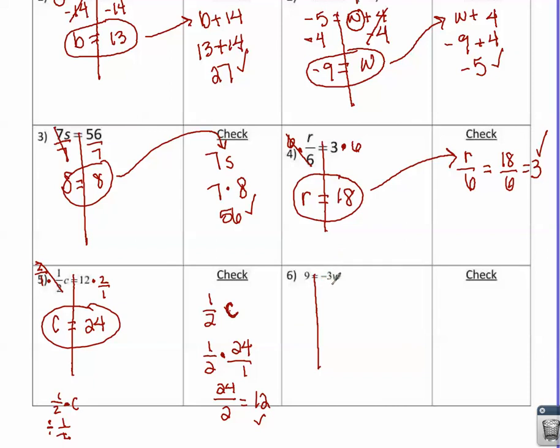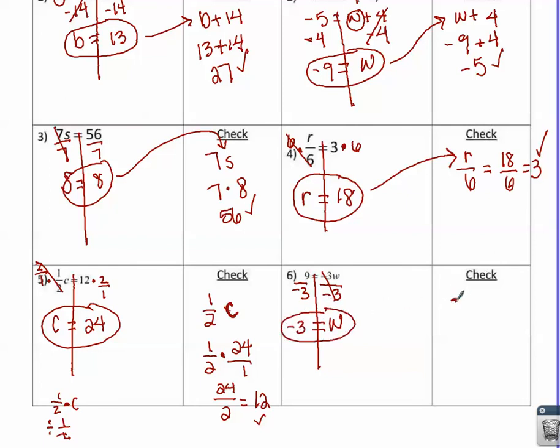-3 times w equals 9. The inverse operation of multiplication is division, so I'm going to divide each side by -3. Remember, your fraction bar represents division. Your -3's cancel, leaving you with w. 9 divided by -3 is -3. Circle your answer.